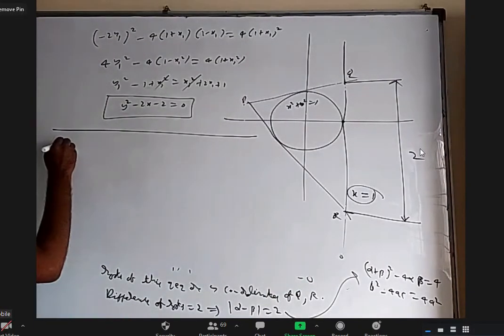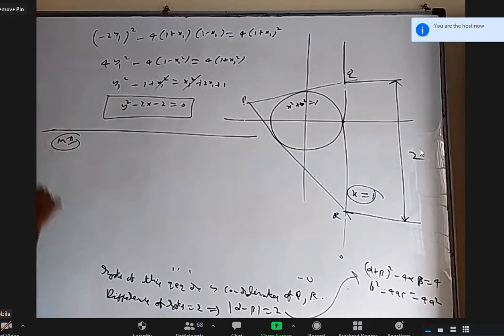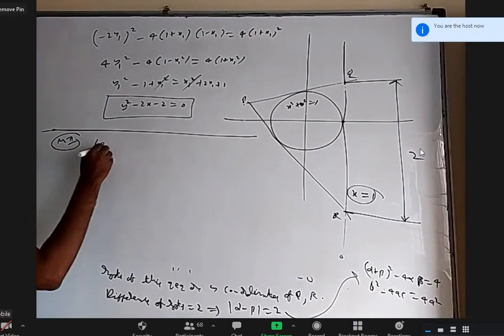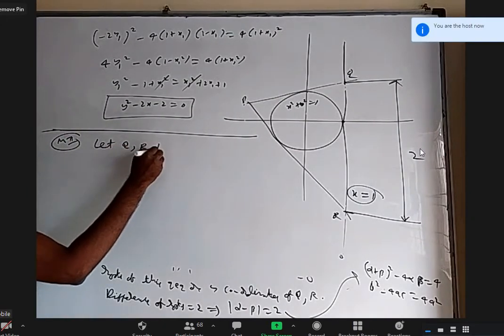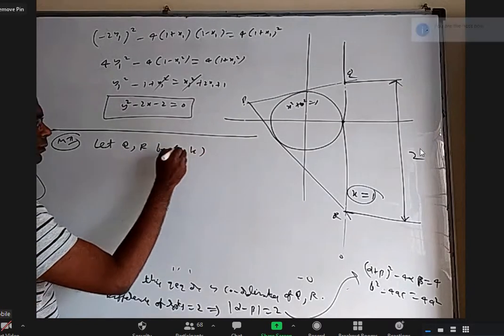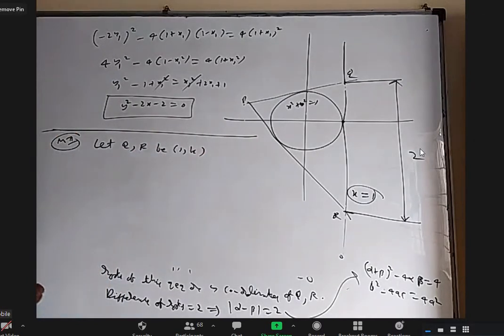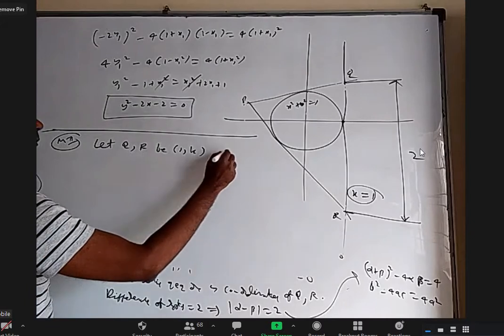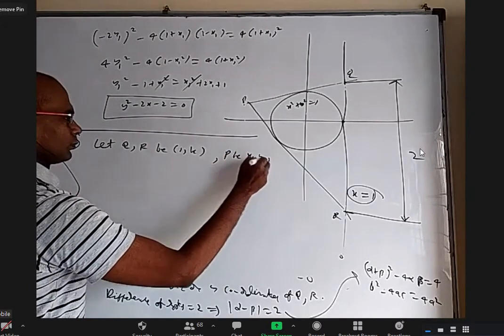Okay, I want to try method 2. Let Q comma R be 1 comma k, and P be x1 comma y1.